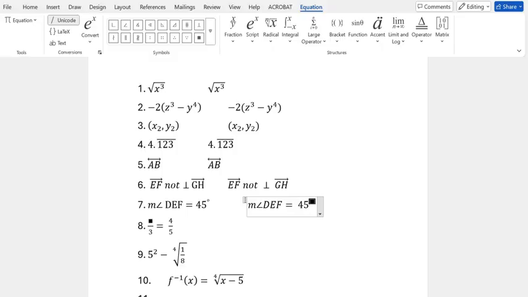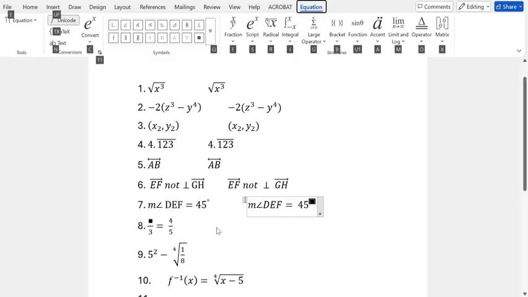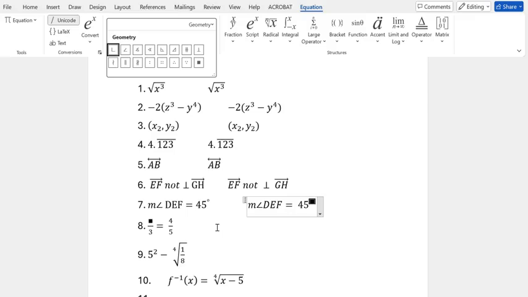What I have to do in the superscript is go find that symbol. So I'm going to go up into the symbols box. Alt J Upper E J-E, Q. Equation symbols, geometry.